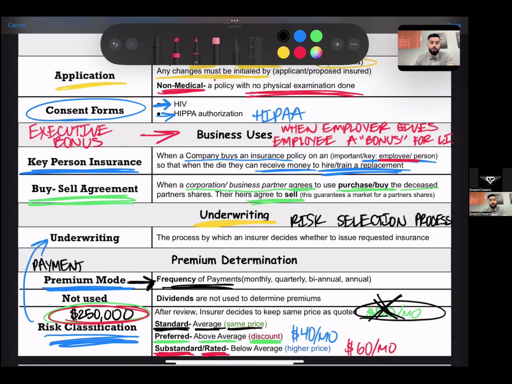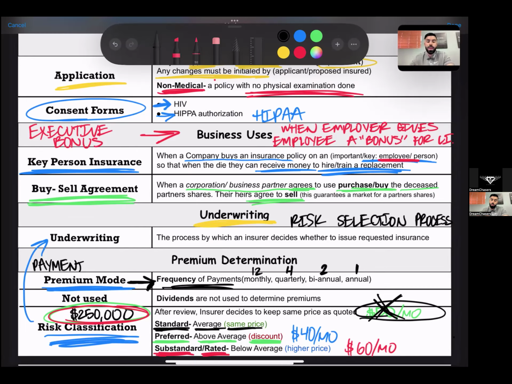How frequently are you making your premium payments for your life insurance? So, there's monthly, which is 12 payments in a year. There's quarterly, which is every 3 months, so 4 times a year. There's biannually, which is every 6 months. So twice a year you're making your payments. And then there's annually when you're just making one payment for the whole year.